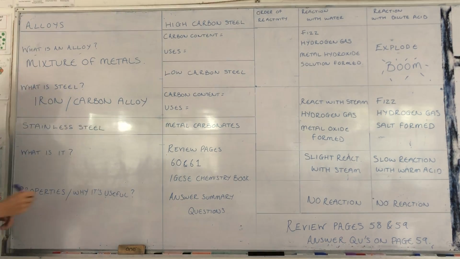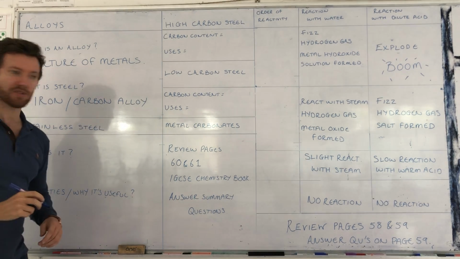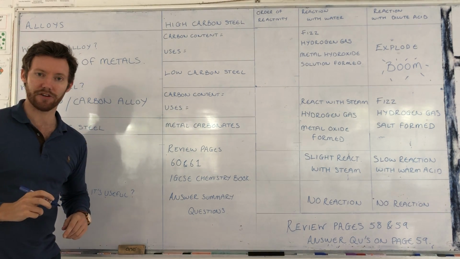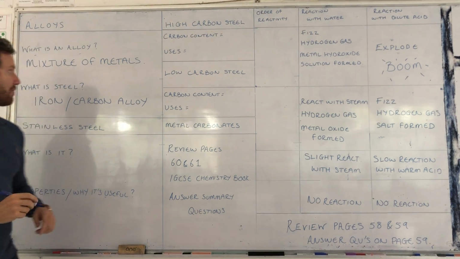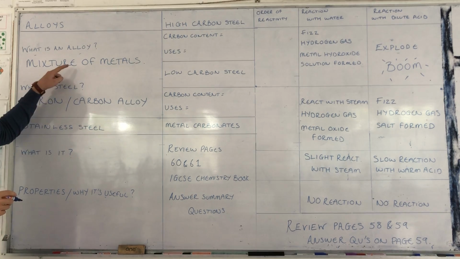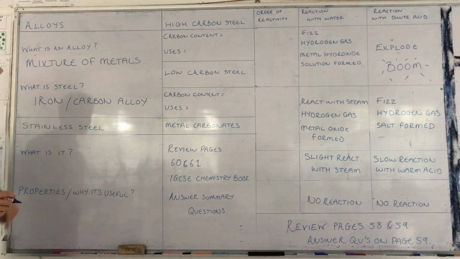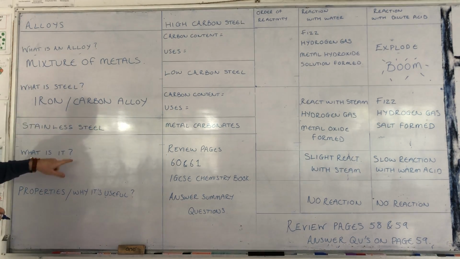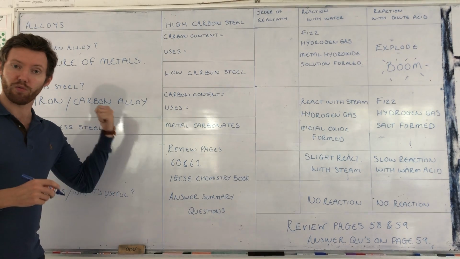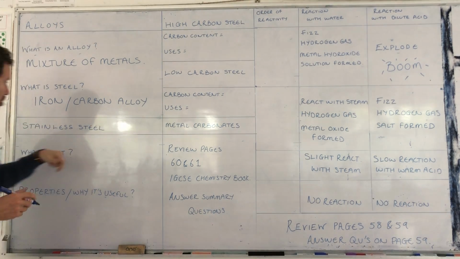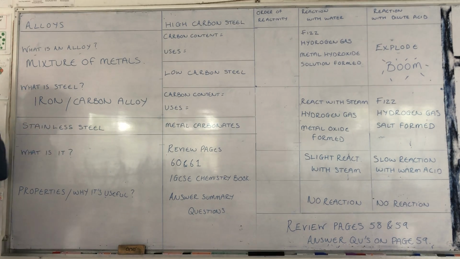There we go. So an alloy is a mixture of metals, and steel is an iron carbon alloy. Nice and simple. Okay, so step 1, step 2. Let's go on to our second subsection, point number 3. We've identified steel. Let's now talk about this stainless steel.